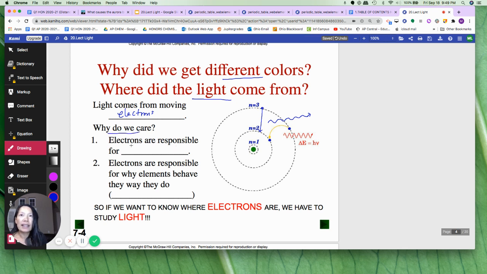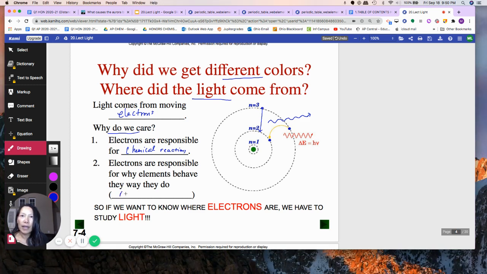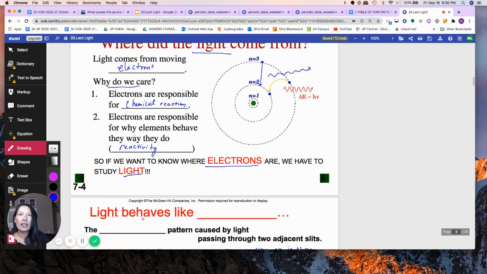We care because electrons are responsible for chemical reactions. And electrons are also responsible for why elements behave the way they do, their reactivity, or their properties. So if we want to know where the electrons are, we have to study light. So let's look into light.